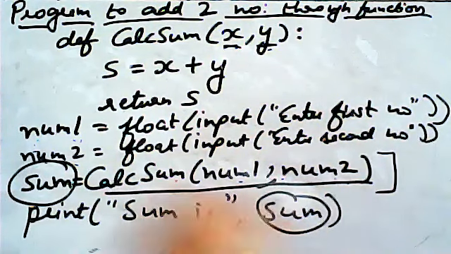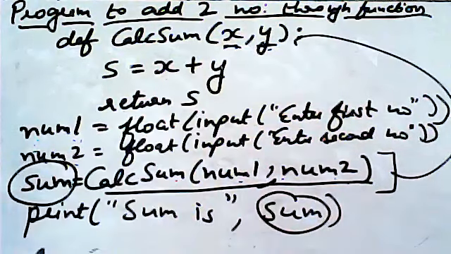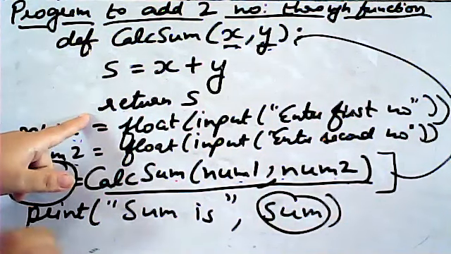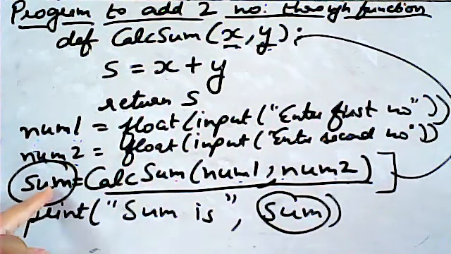When I call this function, the cursor moves from here to here. This function will run automatically, and whatever the answer is, it goes to the sum, and after that I just print the sum. So this is a very simple program to add the two numbers.